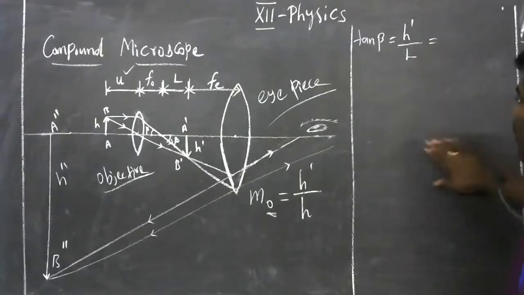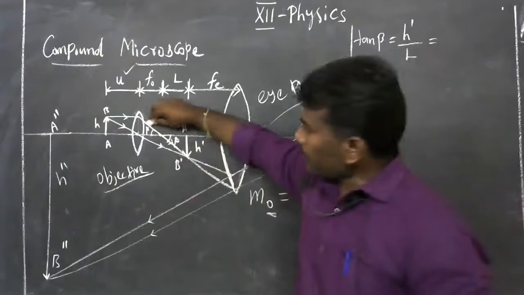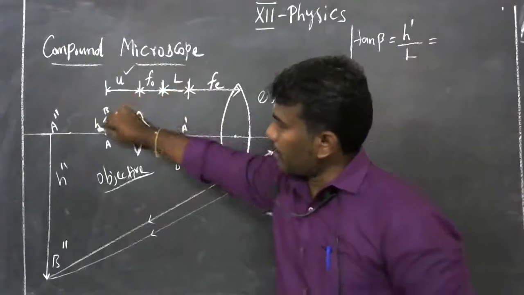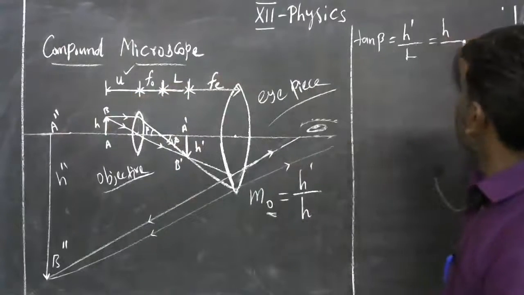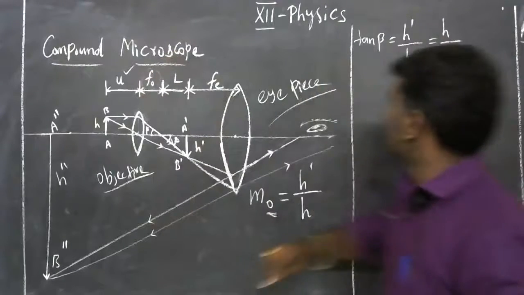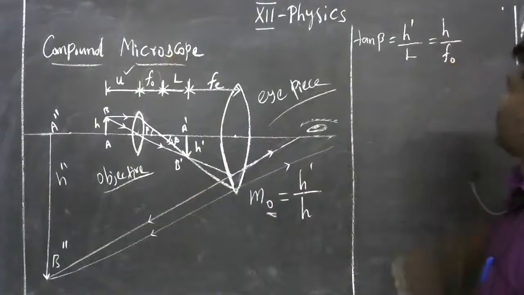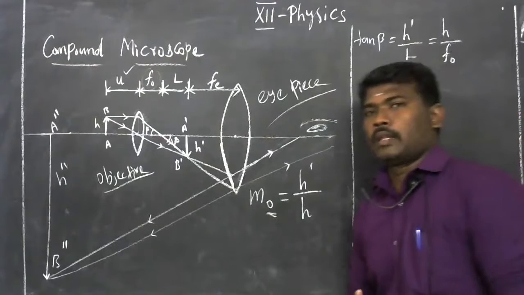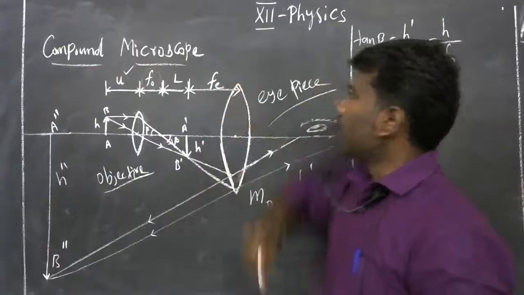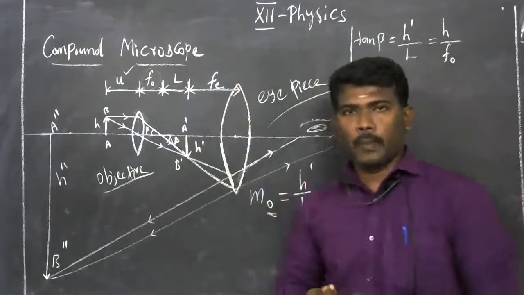So in this triangle, this height is h, and h divided by this length, which is f naught. F naught is the focal length of the objective lens, and Fe is the focal length of the eyepiece.